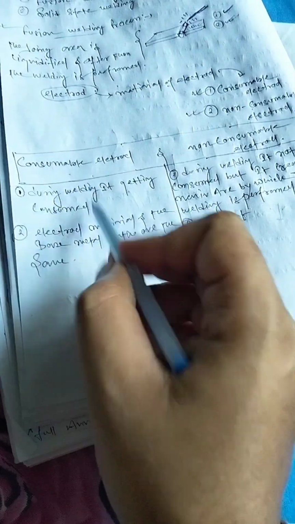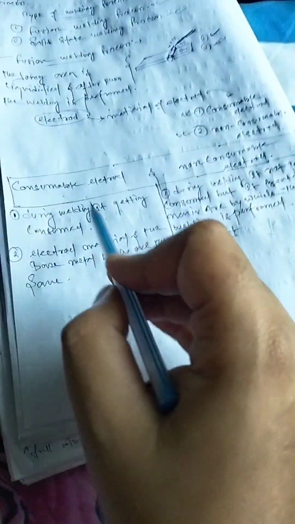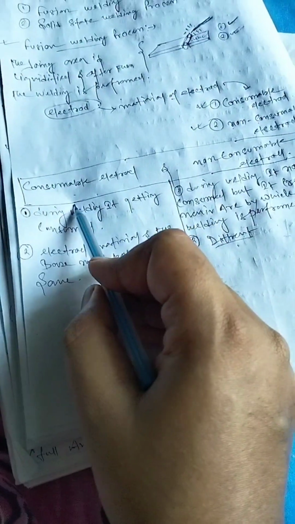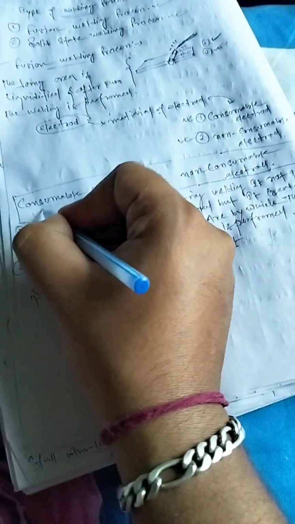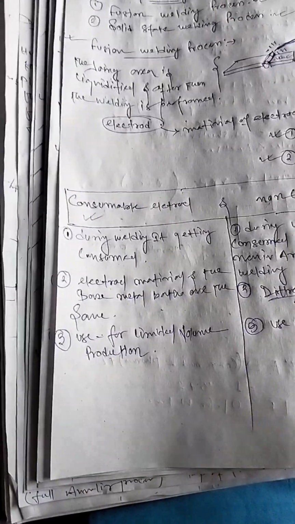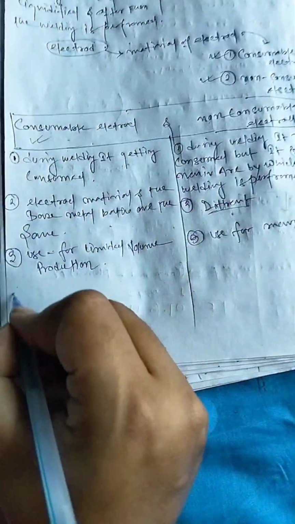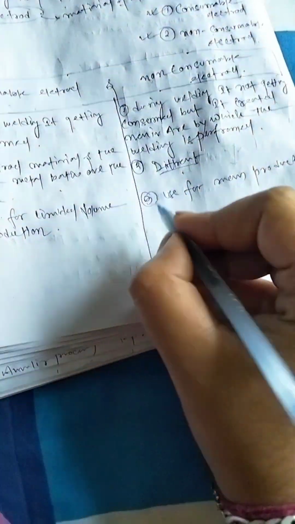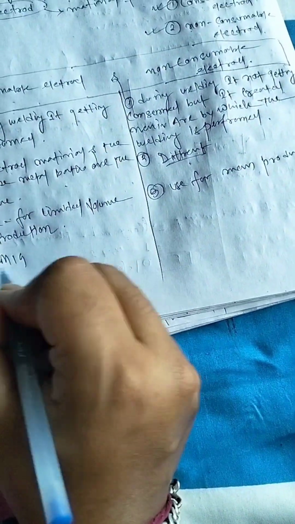As the consumable electrode is getting consumed during welding, it is not suitable for mass production, but we can use it for limited volume production. As for the application of the consumable electrode, it is used in MIG welding, the metal inert gas welding process.